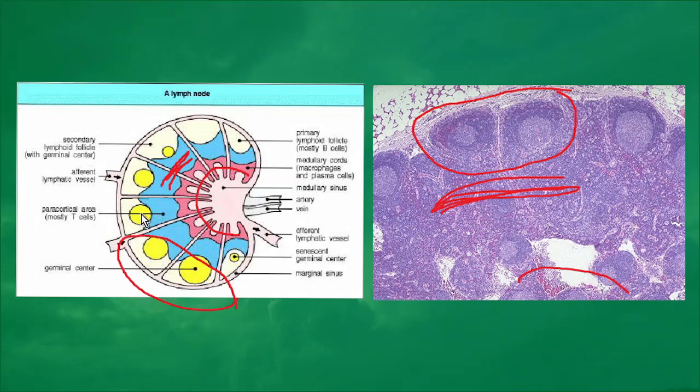The B cells within the germinal centers are the naive B cells. When they're exposed to an antigen, they will become post-germinal center memory B cells, like over here. So all the cells in CLL are arising from here or just outside the germinal center.